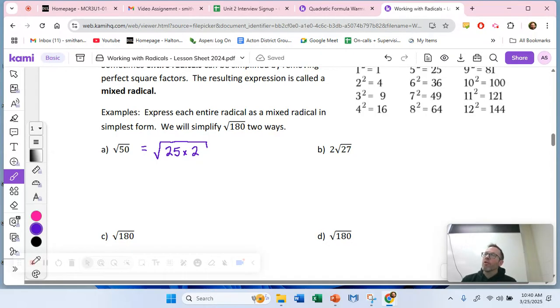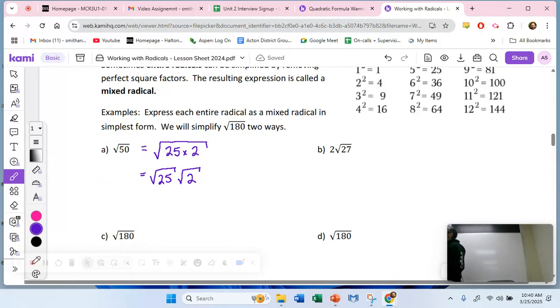But we just learned a new rule where you can multiply the numbers first and then square root, or you can square root each number and multiply those together. The root of 25 times root 2. We just showed over and over this property is true. Doesn't matter whether you multiply first or square root first.